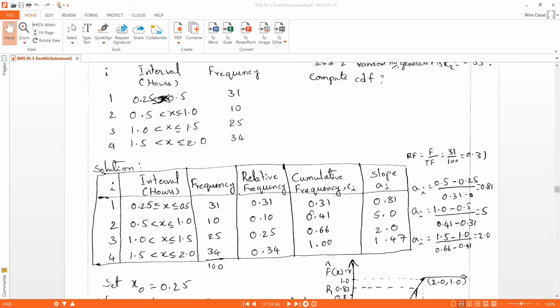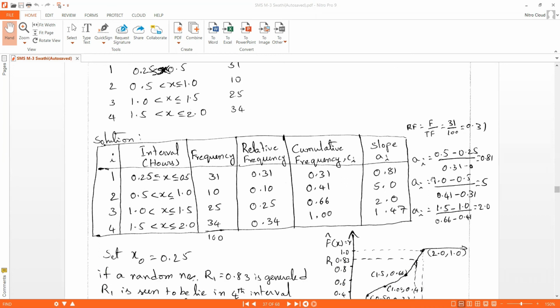The previous cumulative frequency is 0.31 plus the present frequency 0.10, we get 0.41. 0.41 plus 0.25, we get 0.66 as the cumulative frequency. 0.66 plus 0.34, we get 1.00, that is the c i value.